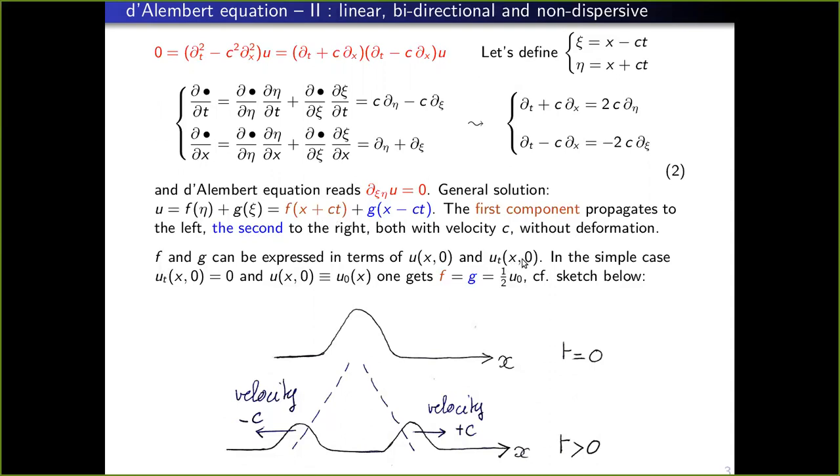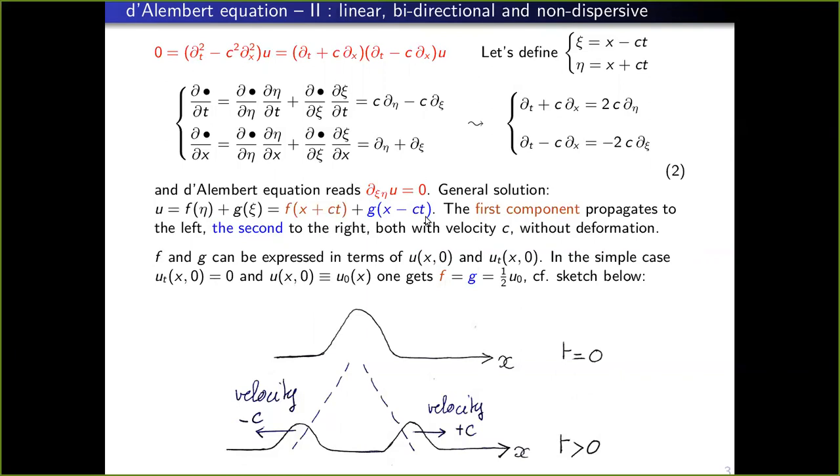And for instance, in the simple case where this ut is 0 and u of x is a given function u naught of x, one gets for f and g, f equals g equals 1/2 of u naught. And in this case, the check is easy. You plug that into here. So of course, it's a solution of D'Alembert. And one just needs to check that it fulfills the initial condition.